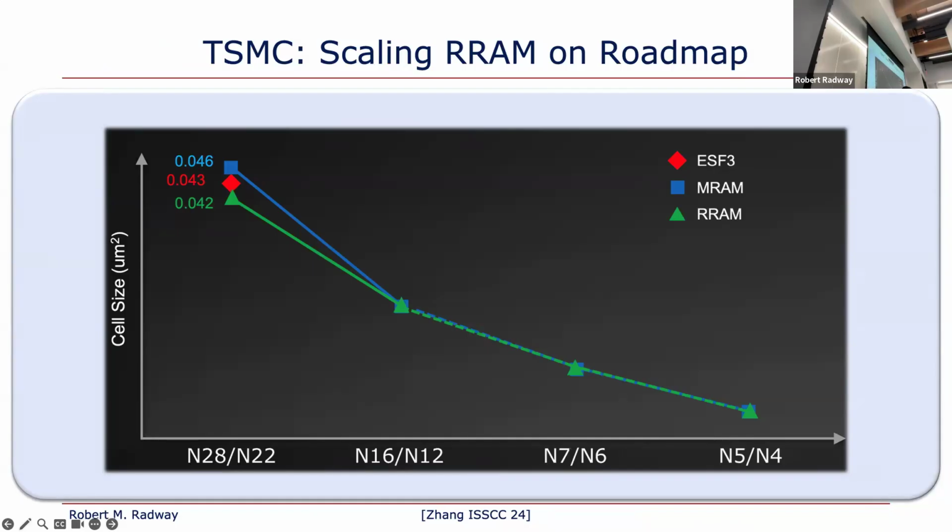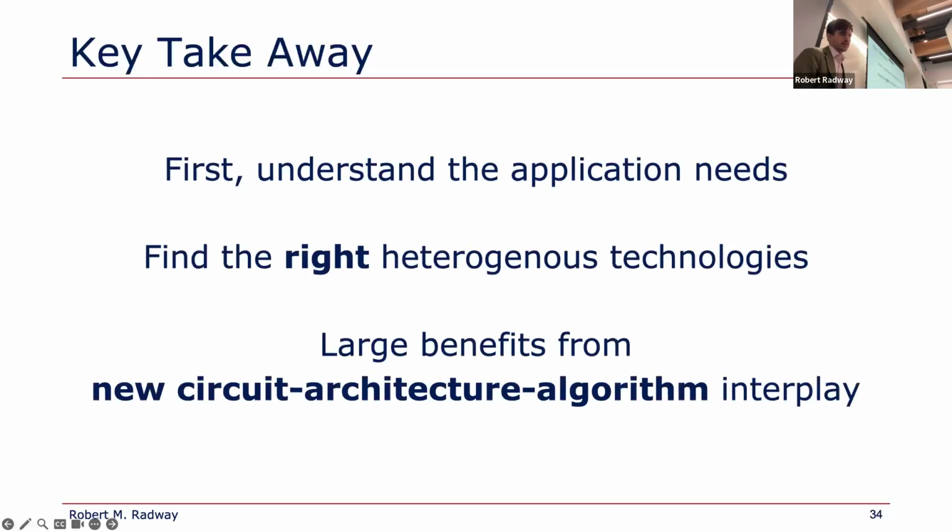They've already now shown an updated version of this, scaling these memories into very advanced nodes, and they still expect to see density gains as we keep scaling, unlike with SRAM. So again, if there's a key takeaway, application needs give you the right technologies. From those technologies, you can combine new circuits, algorithms, and architectures to get large energy savings and performance benefits.